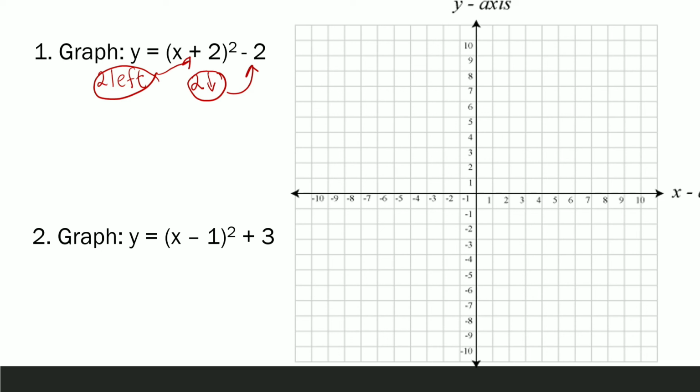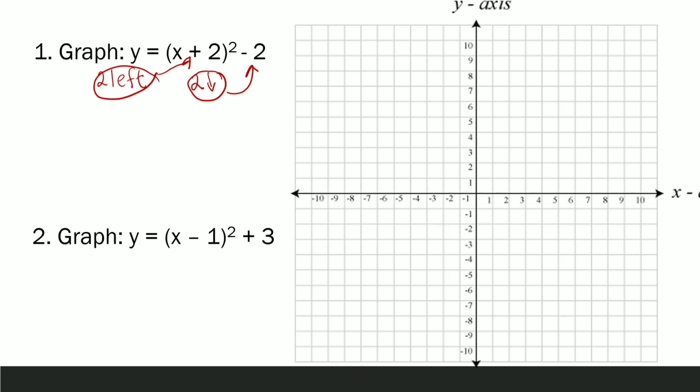Okay? So, nasaan ngayon ang ating vertex? Originally, nandito sa origin siya. Tapos, 2 to the left, 1, 2. Tapos, 2 units down, 1, 2. So, nandito na ang vertex. Negative 2, negative 2 yan. Okay?